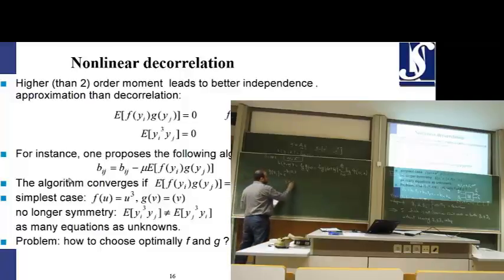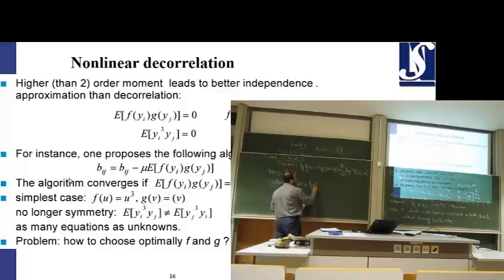Then the log likelihood will turn out to be the log of the determinant of W, because of this, minus the sigma from 1 to n of h of s, where s is Wx.